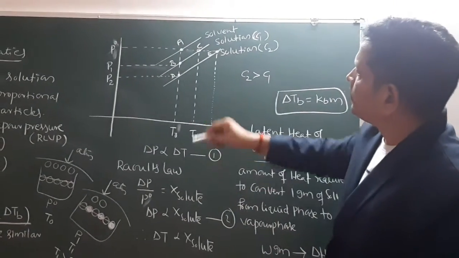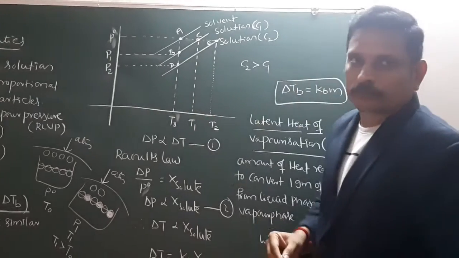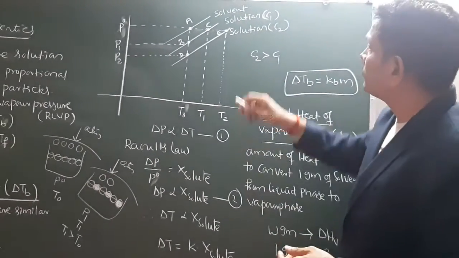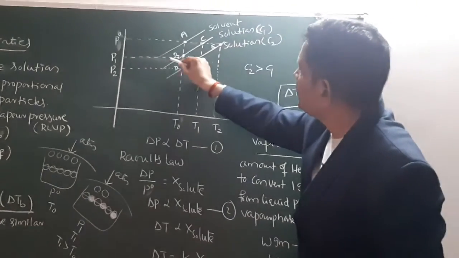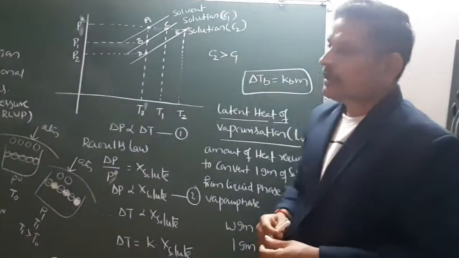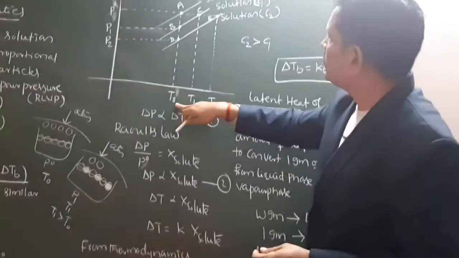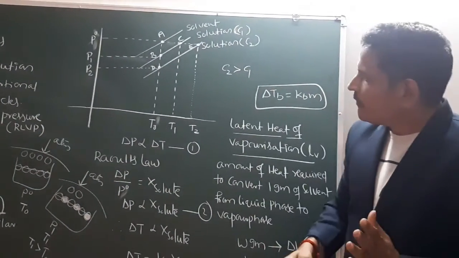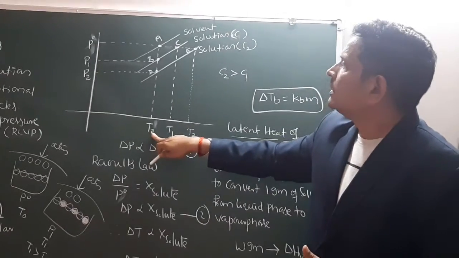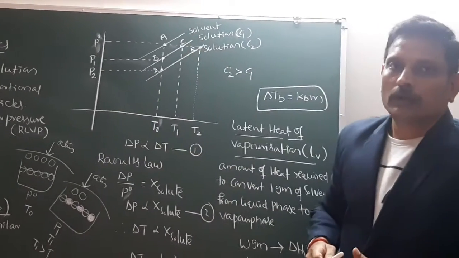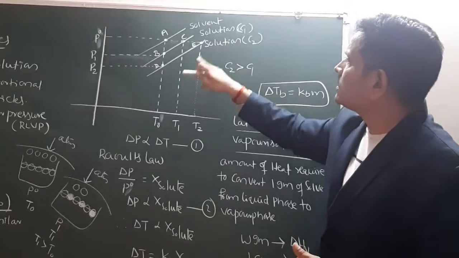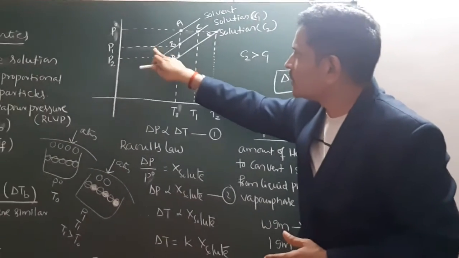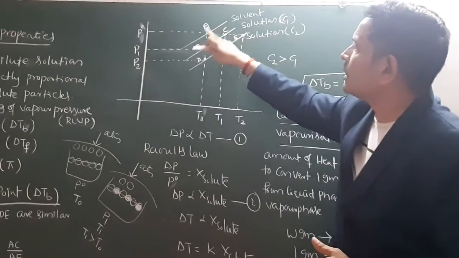Next, at temperature T0, this is the vapor pressure of pure solvent. Then what will be the vapor pressure of solution 1? This will be the vapor pressure of solution 1. At temperature T0, this will be the vapor pressure of solution 2. So when temperature T0, the boiling point of solvent, is considered, at that particular temperature solution 1 and solution 2 exhibit lower vapor pressures when compared with pure solvent.